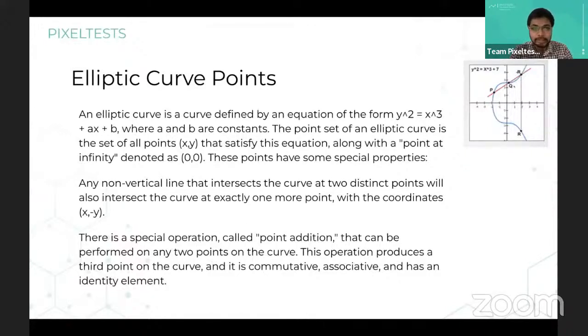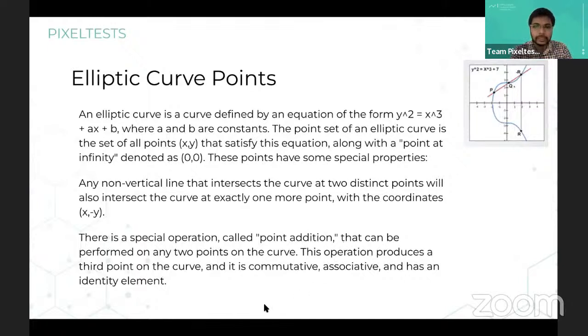Now there is a special operation called point addition that can be done. Point addition is basically, if there are any 2 points on the curve, you can directly add them, and the third point that gets generated is also on the same curve.